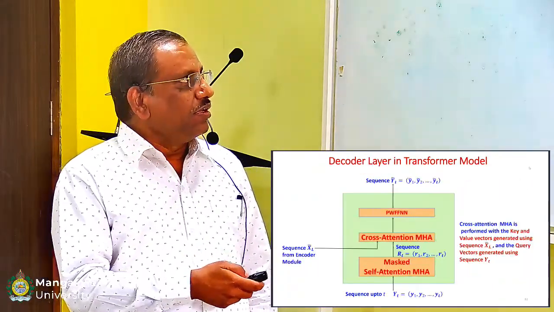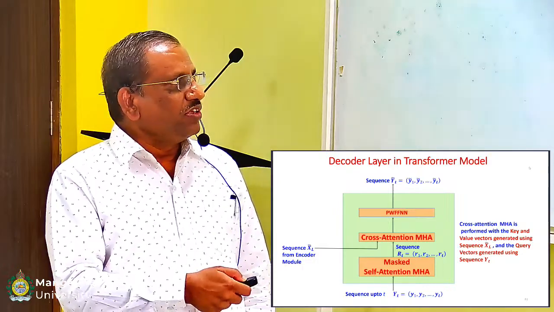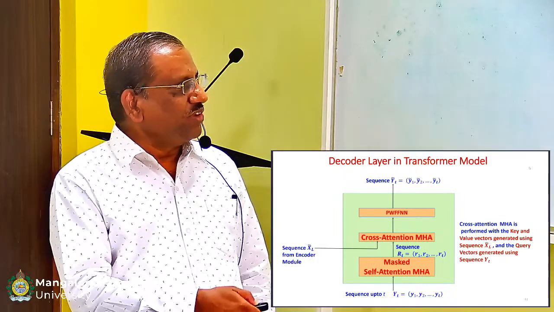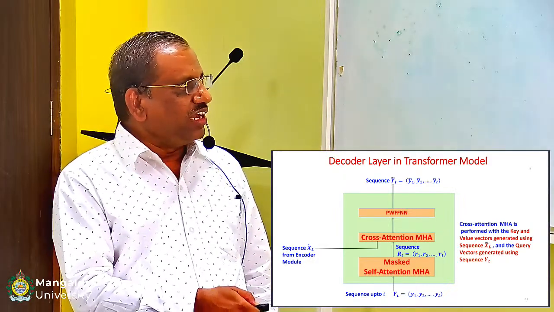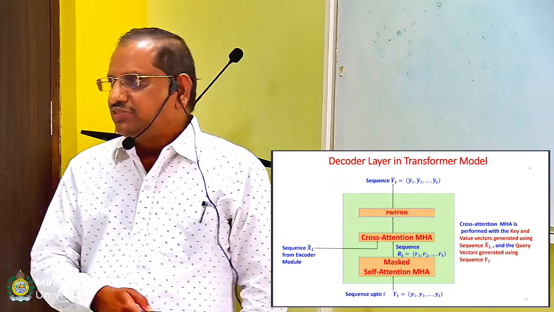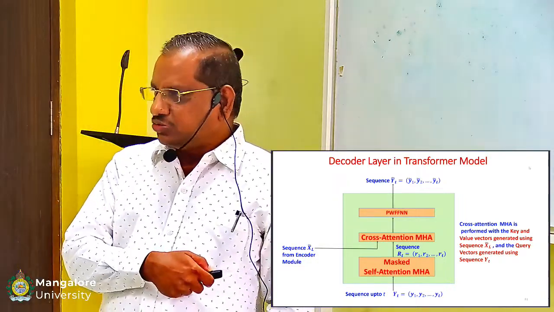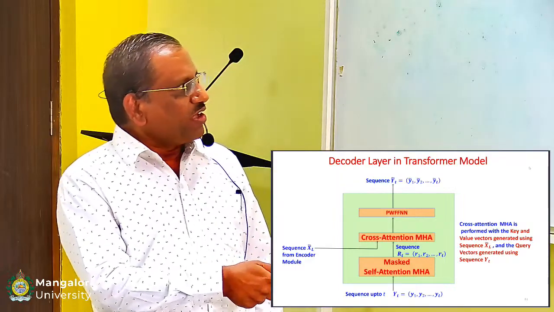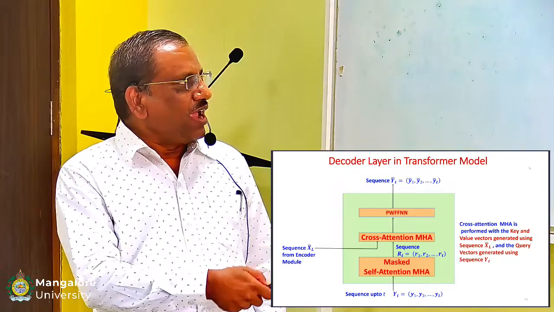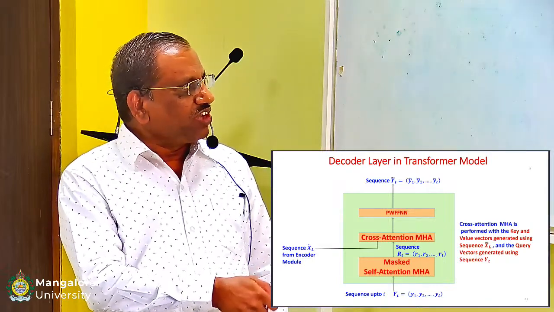And what is it we want to do in the decoder? We want to do a similar thing for the target language sentence. So that's why we do this self-attention, again the multi-head attention, so we get a new representation of this. Now we need to relate the target language sentence and the source language sentence. So we take the output of the encoder module for the source language sentence and the representation of this target language sentence.